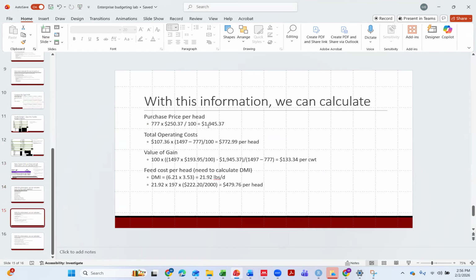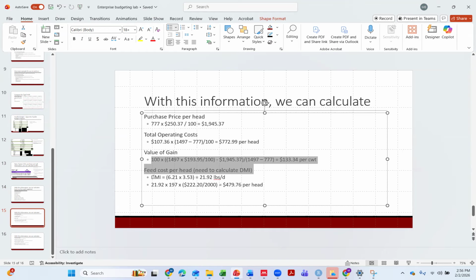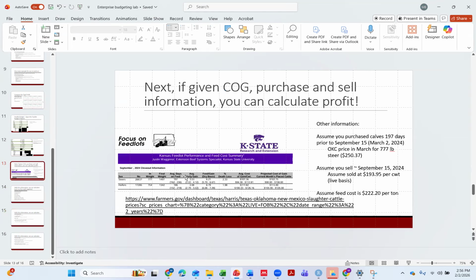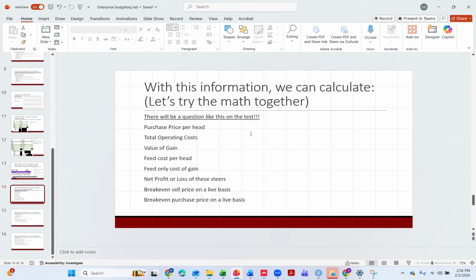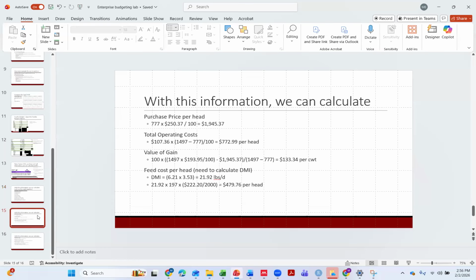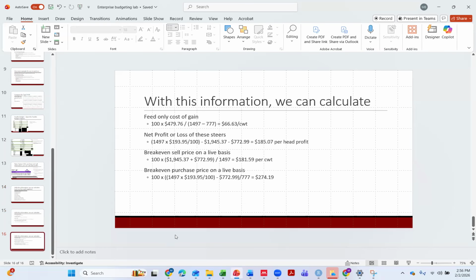Here's the math on how to do it. I will give you these equations on the exam. So you just need to know again how to take the values that are reported in this report and plug them into those equations I give you and calculate these items. Are there any questions?